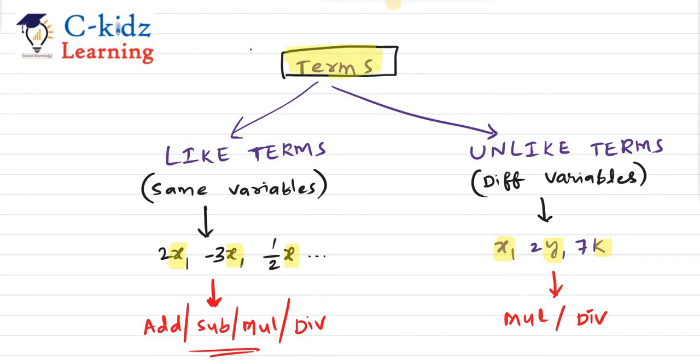Let's see some operations on the terms, and in later stages we will learn identities of algebra, formulas, and applications of the formulas. So this is with respect to the variables. With respect to the number of terms, there are a few more categories, so we'll discuss that. Look here. First one is monomial.